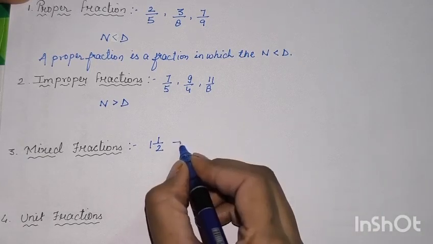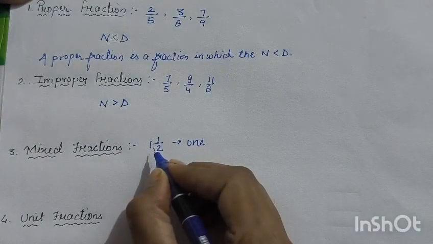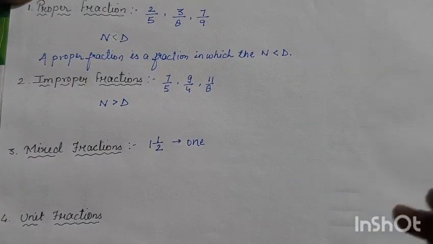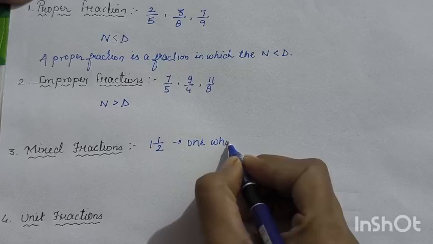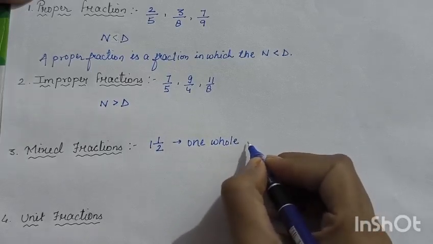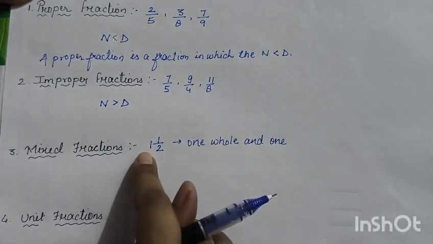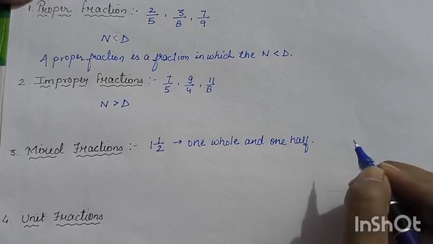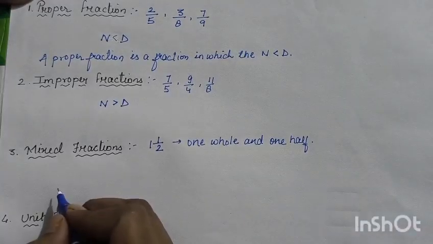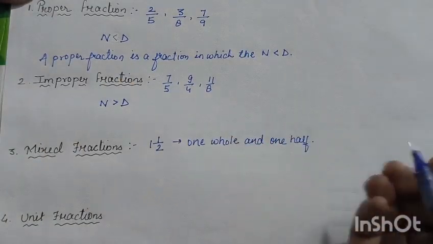It means 1 whole and 1 half. You can see here we are having this 1 whole and 1 half. So I can write here 1 whole and 1 half. Or we can say that a mixed fraction has a whole number and a proper fraction together.